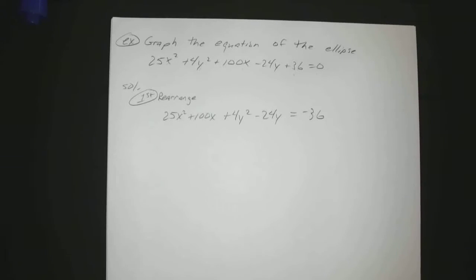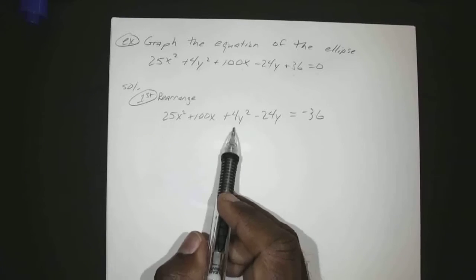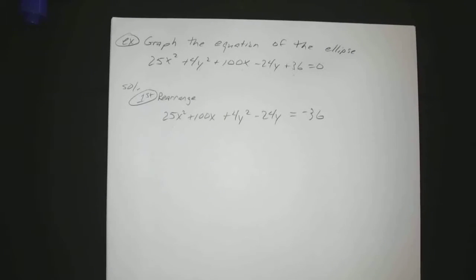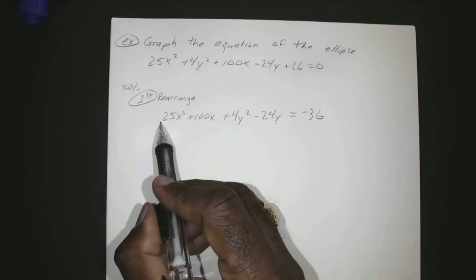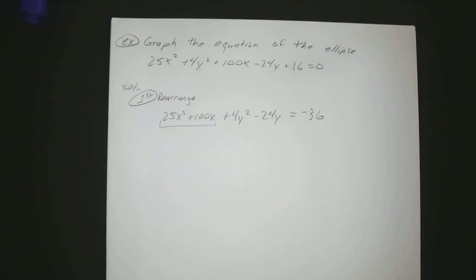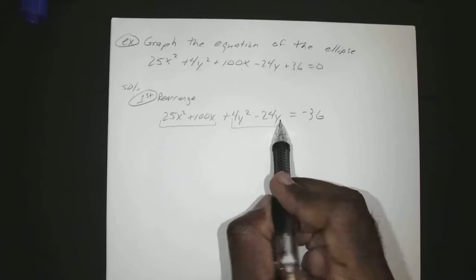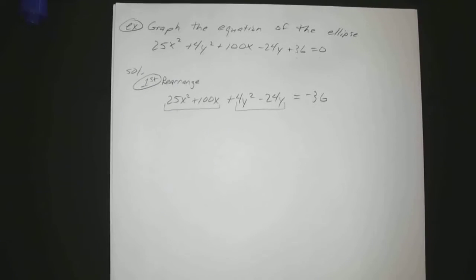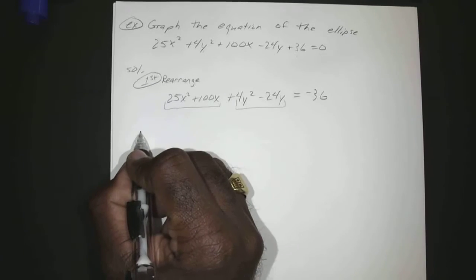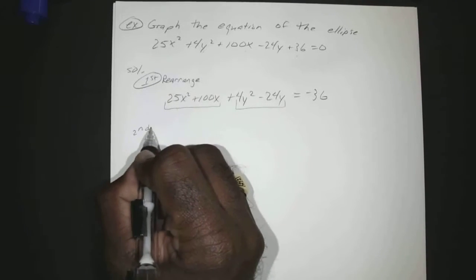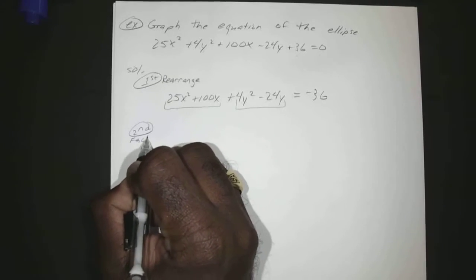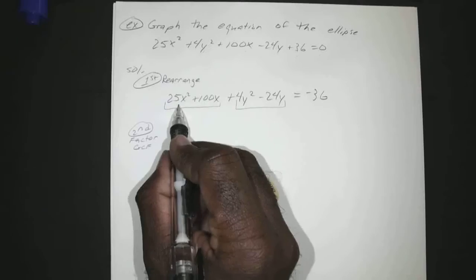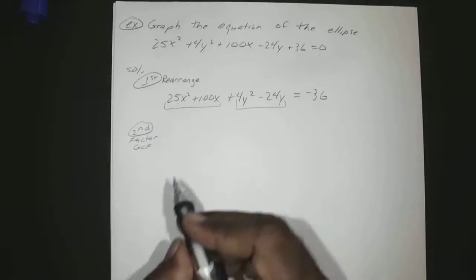Now, because we have a coefficient in front of the x squared and the y squared, we have to factor that out. So here you can factor 25 out of both of those.